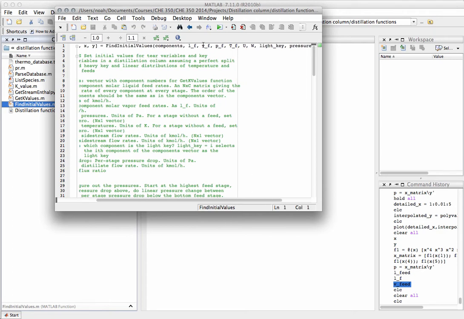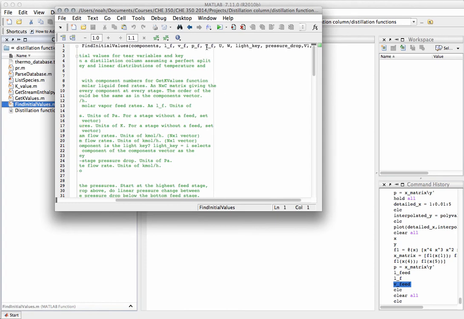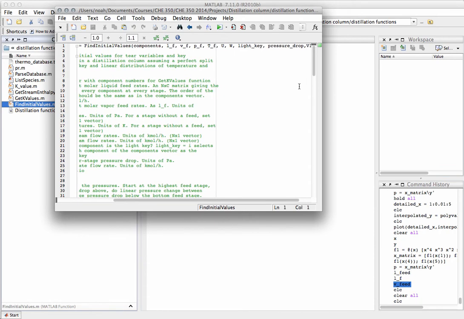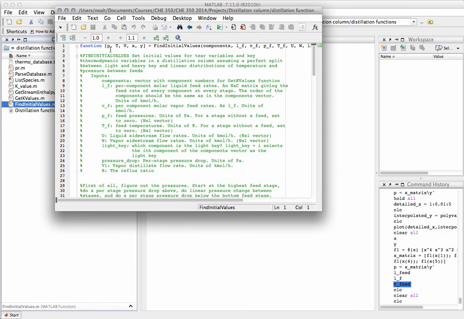Then liquid feed rates, vapor feed rates, feed pressures, feed temperatures, liquid phase side stream flow rates, vapor phase side stream flow rates, the identity of the light key, the pressure drop per stage, the flow rate of vapor leaving the condenser, and the reflux ratio. Given these inputs, you'll be able to generate initial guesses for all of these thermodynamic variables. Let's see how it works.